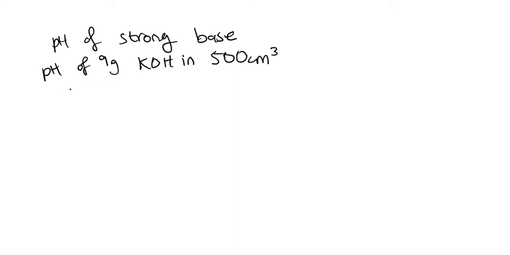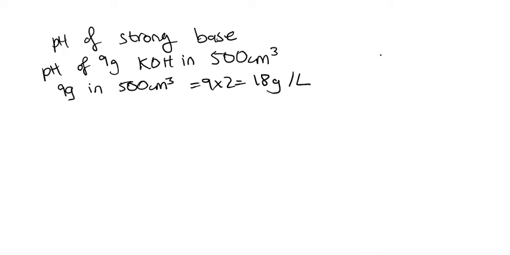We will start with, if we've 9 grams in 500 centimeters cubed, that's equal to 9 by 2, which is 18 grams per litre. And then we don't want grams, we want to get moles. So the RMM of your potassium hydroxide is 56.